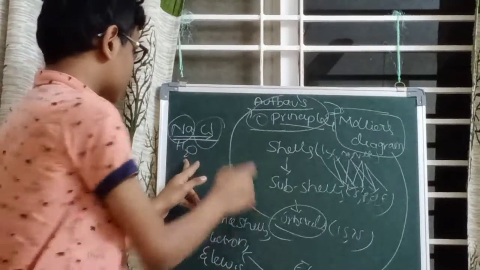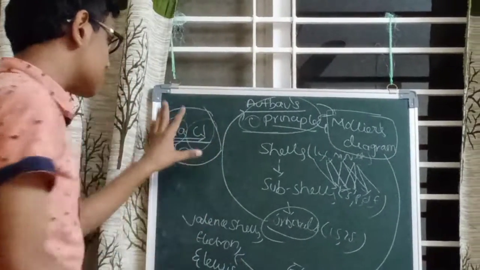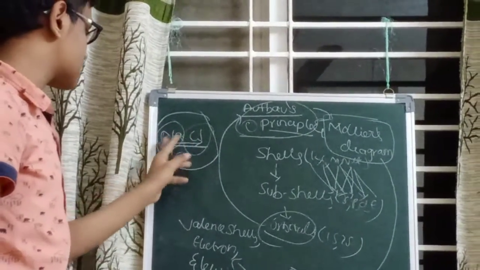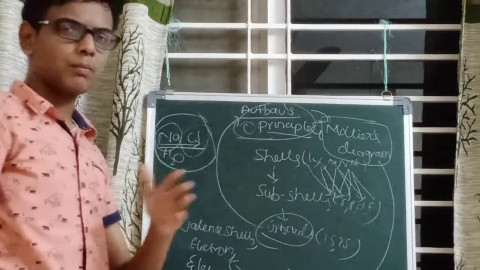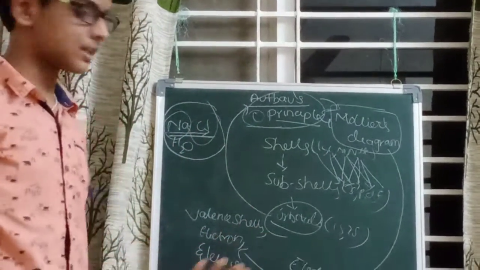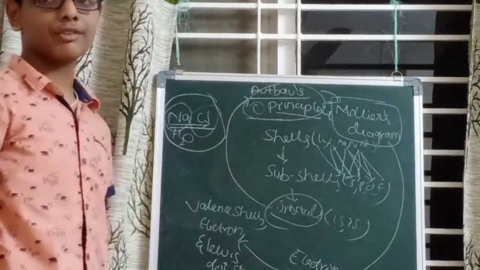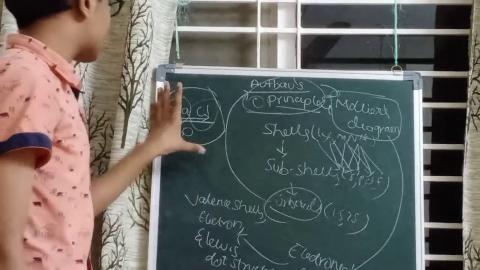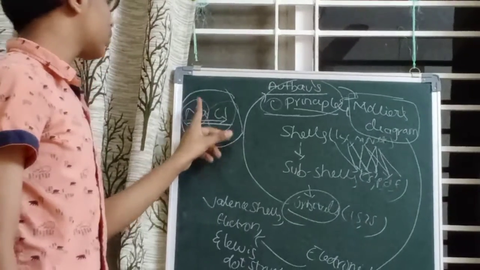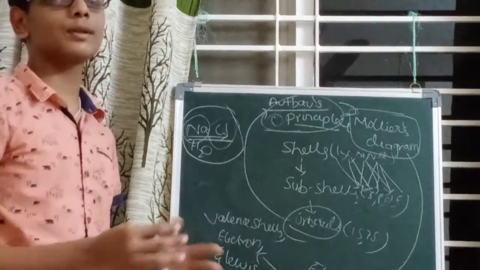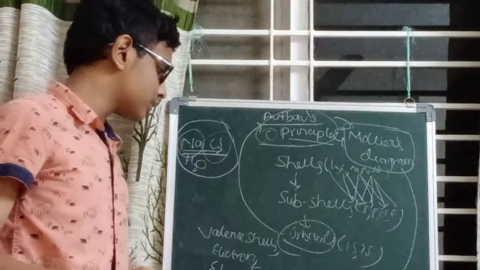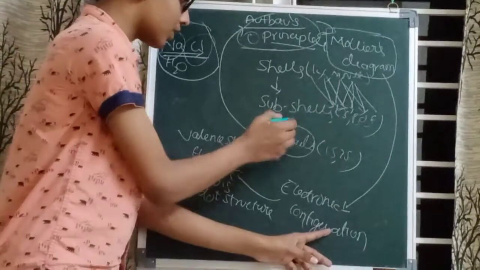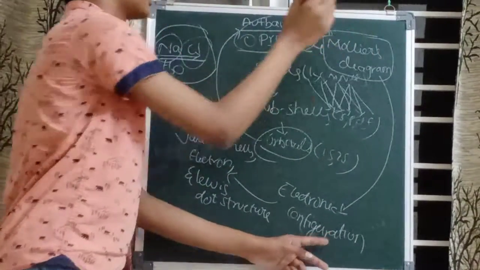But before drawing the bonds of simple compounds like sodium chloride, water, potassium sulfate, etc., we need to know the electronic configuration of the respective elements. On knowing this, we can directly know the valency of sodium and chlorine and easily draw the bond. Very useful, this electronic configuration is brought from orbitals, the Aufbau principle and Euler's diagram.